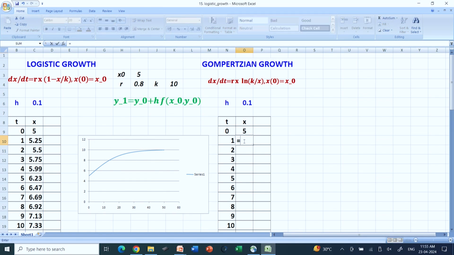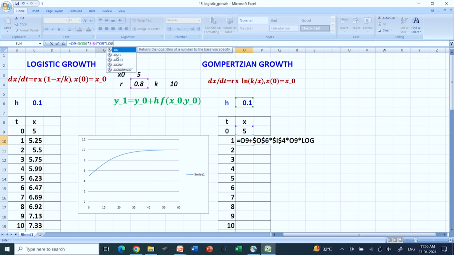So I will take here, this is equal to, I have the same x0, which is this, or I put this one as x0 plus h times, which is a constant, times this is your r, which is again a constant, r times x, and then multiplied by log.